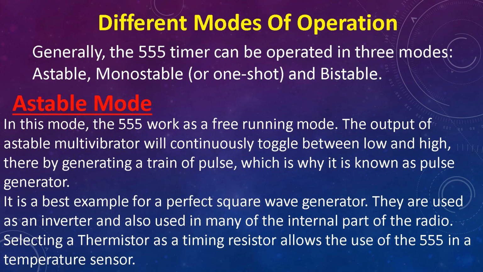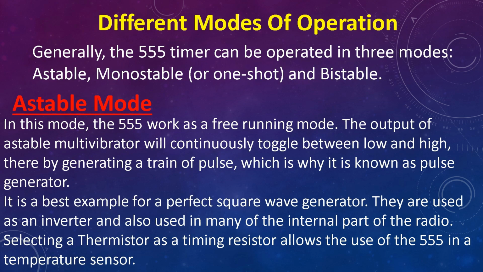Different modes of operation. Generally, the 555 timer can be operated in 3 modes: astable, monostable or one-shot, and bistable. Astable mode. In this mode, the 555 works in free-running mode.